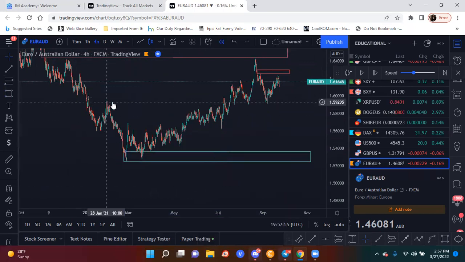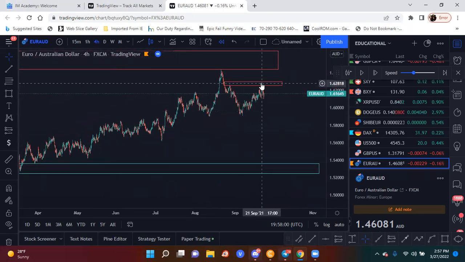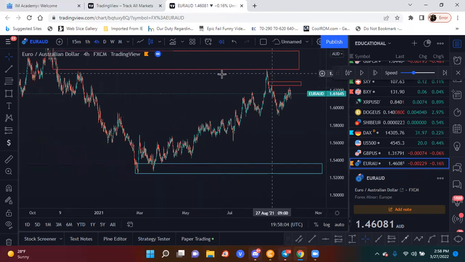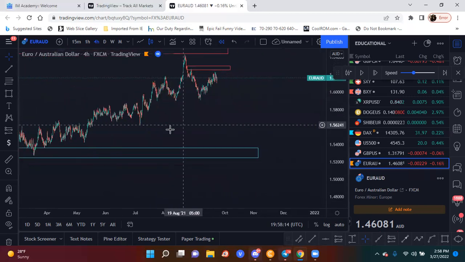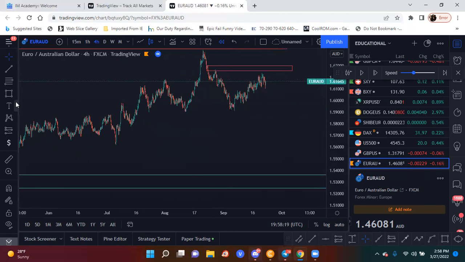Order block. Now we do have some notable areas. After this supply zone hit, I'm looking for sells. It broke out, retested, and came back to retest again, so it looks like it wants to push down. So I'm looking for sells.